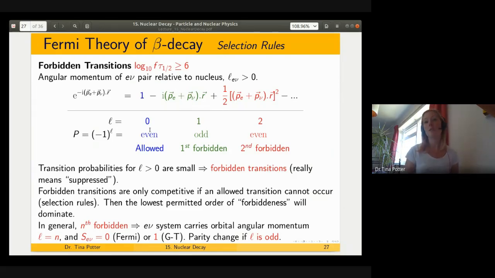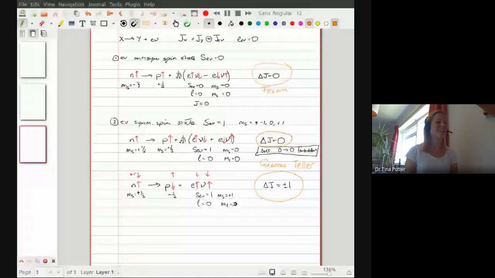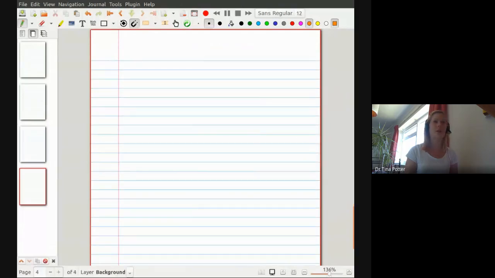Maybe the first forbidden ones would be allowed. So what we're going to do to try and make this absolutely clear is go through a few examples, and this will, I think, clear up some of the common questions about nuclear decay.